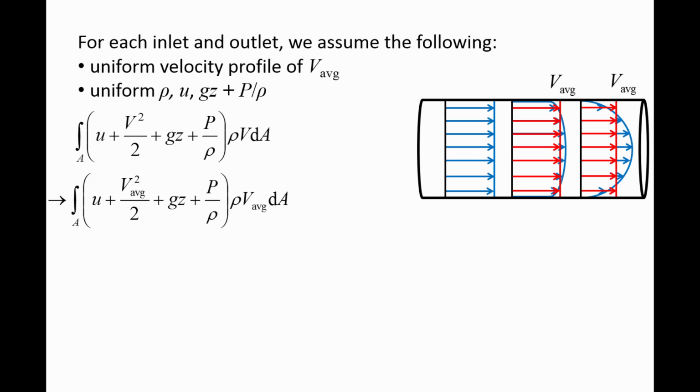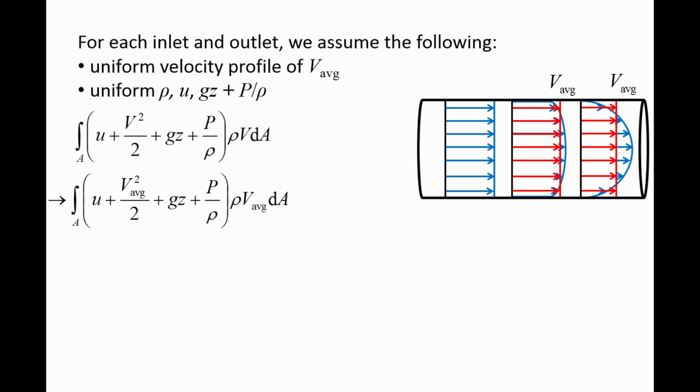We also assume that the sum of gz plus p over rho is constant over each cross-section. As we descend through an inlet or outlet, pressure increases and the quantity p over rho increases, but the quantity gz decreases by the same amount. This result comes from analyzing the hydrostatic pressure distribution for incompressible fluids.